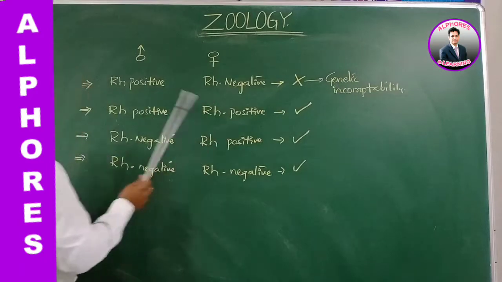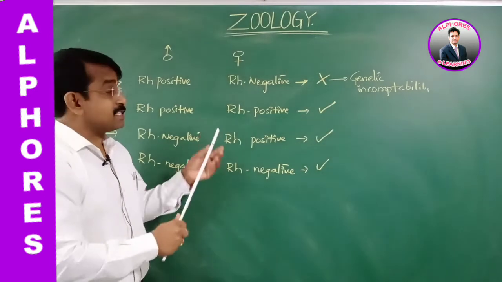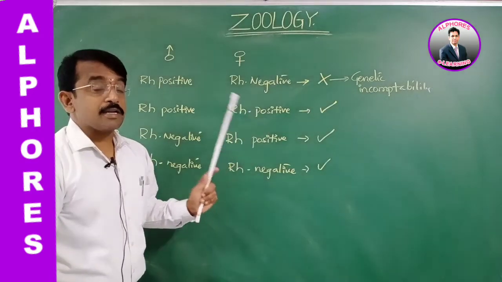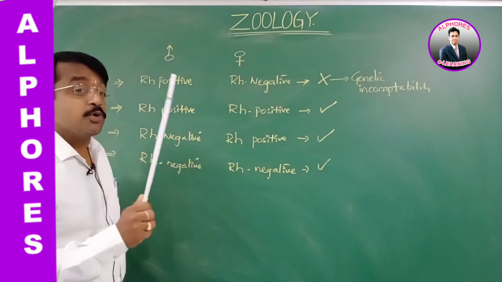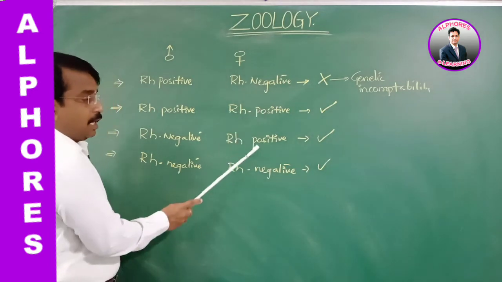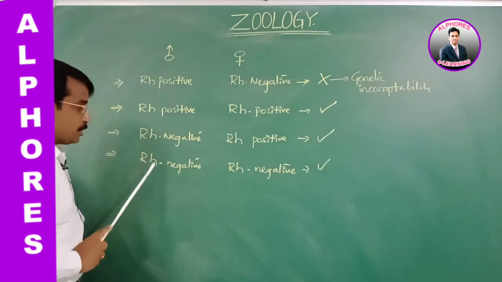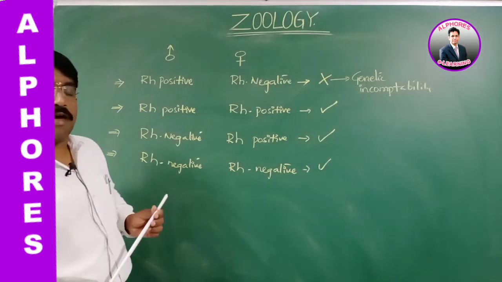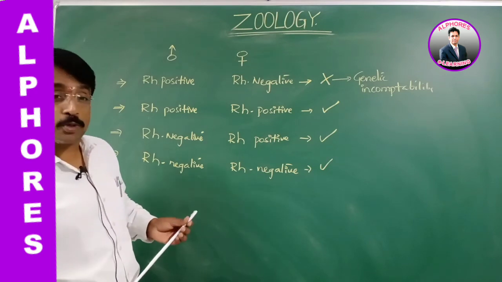Whereas in all these other instances, why is it suggestible? Why is it not a genetic incompatibility? Because the recipient produces Rh antibodies when the recipient is Rh negative. So it is very important to see whether the recipient is Rh negative. If the recipient is Rh negative and the donor is also Rh negative, no problem, but these cases will be very rare, since the majority of the population is Rh positive.